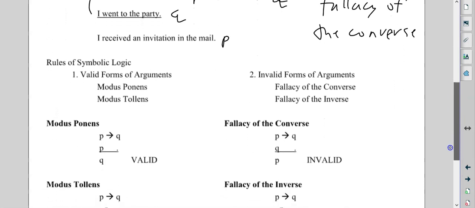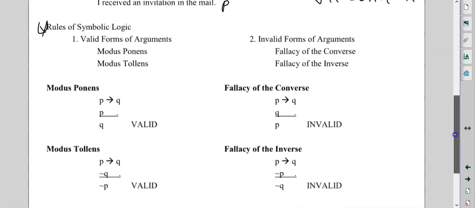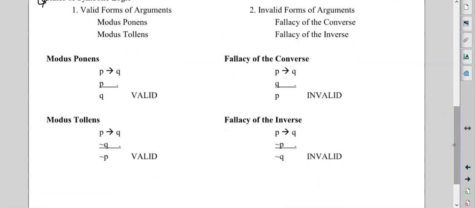Okay. So we have here rules of symbolic logic. For valid arguments, we have these two rules, which you saw from the notes, modus ponens and modus tollens. And invalid is either fallacy of the converse or fallacy of the inverse. And again, you don't have to write this down. I didn't write this above because it's just redundant. But these are the structures of what we just did.